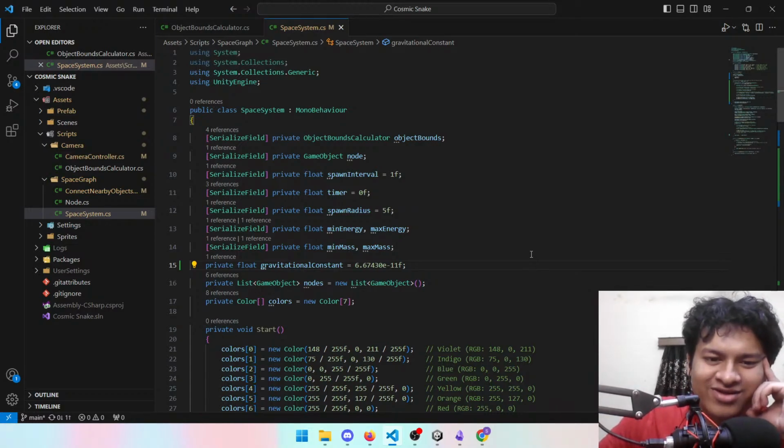Do I want to do floating point maths with such a small number? How many zeros is this going to be?